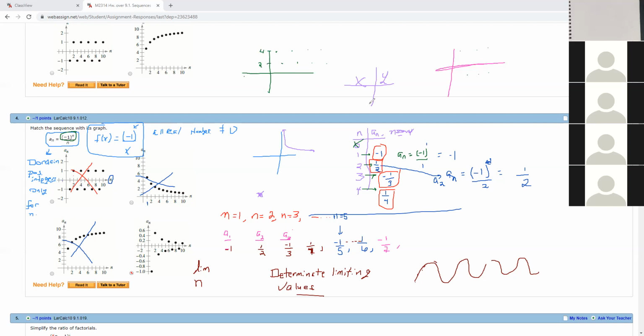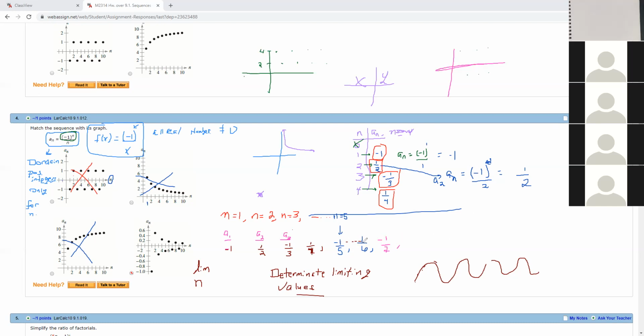So anyway, these are alternating, but are these numbers getting bigger and bigger, closer to infinity only? They can't be because they're alternating positive, negative, positive. So there's no way these terms are getting closer and closer to infinity only, for 2 reasons. One, these numbers are getting smaller, not bigger.